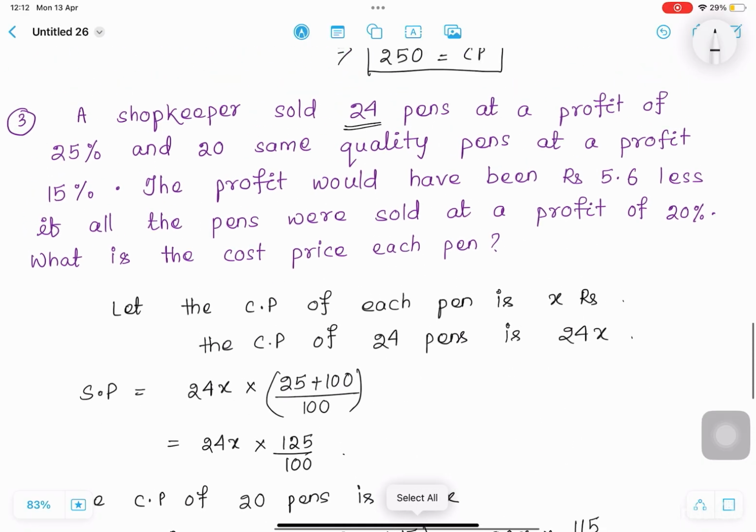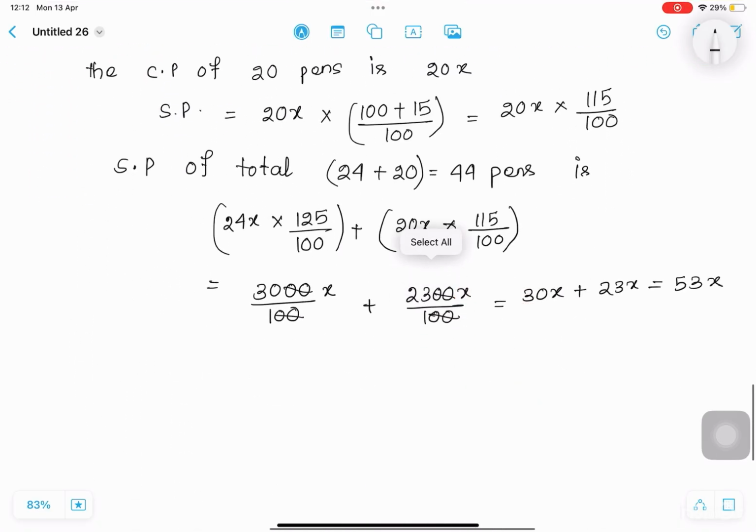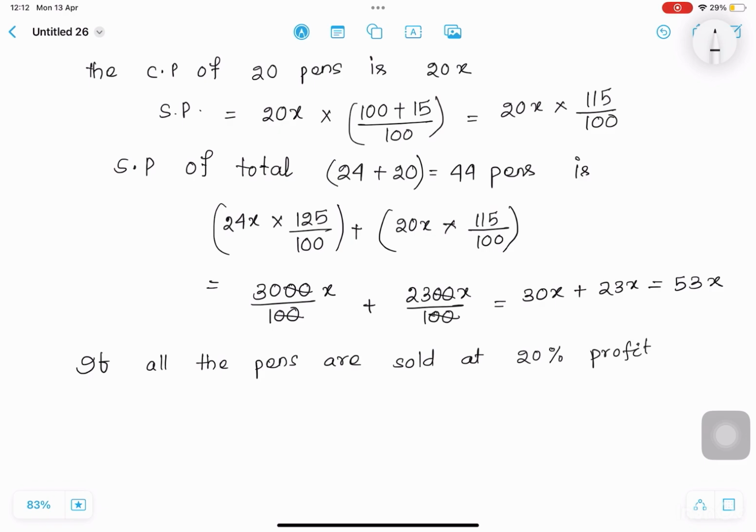Now the question is given, if the total pens were sold at a profit of 20%, then we have taken the cost price of each pen as x. So if I am taking total pens, 24 plus 20, 44 pens, the cost price will be 44x.